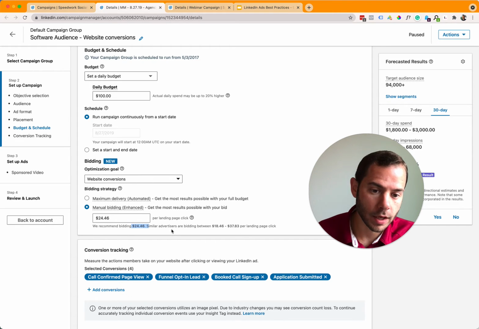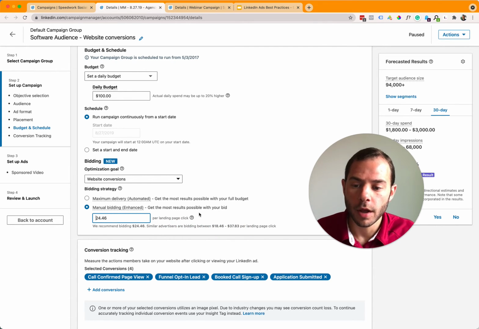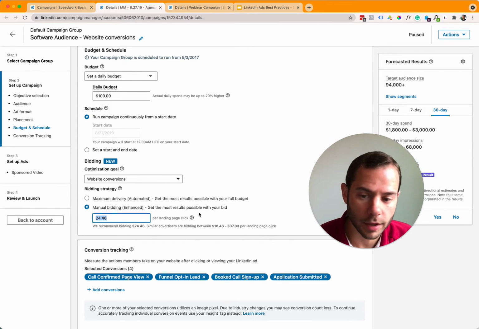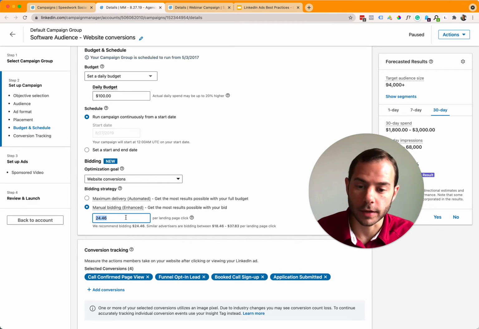And very big companies have very big budgets, and the higher value that these prospects are to them, the more that they're going to pay to bid on them. So big companies with big budgets are spending a lot of money on LinkedIn, and that's where a lot of these high costs come in. So if you are a smaller advertiser and you don't have a $1 million budget, you probably want to start and optimize your costs at this section.